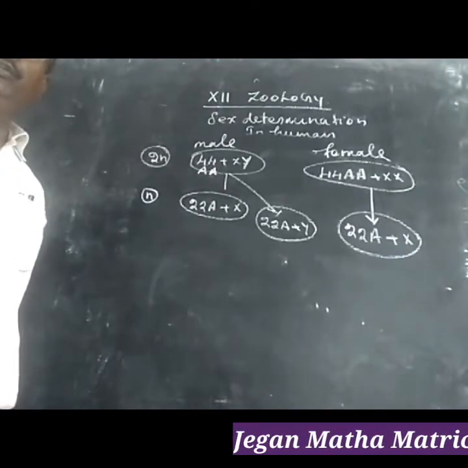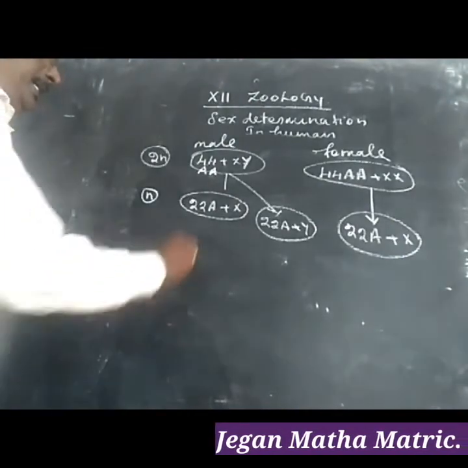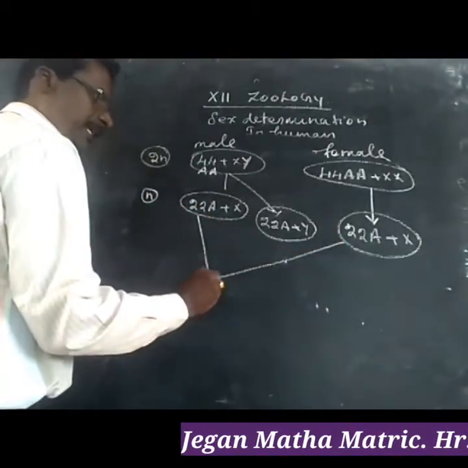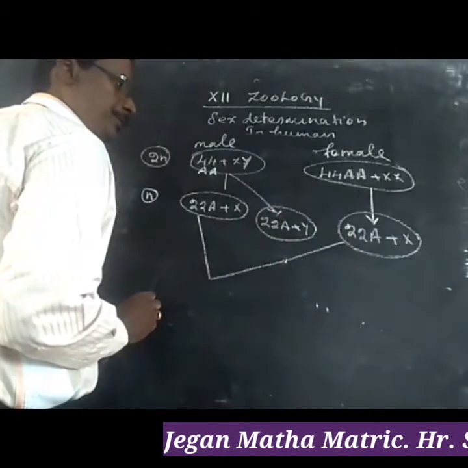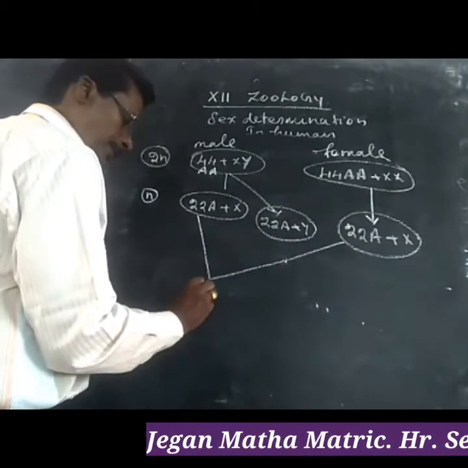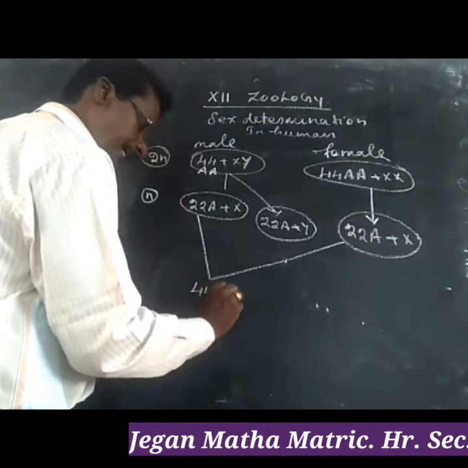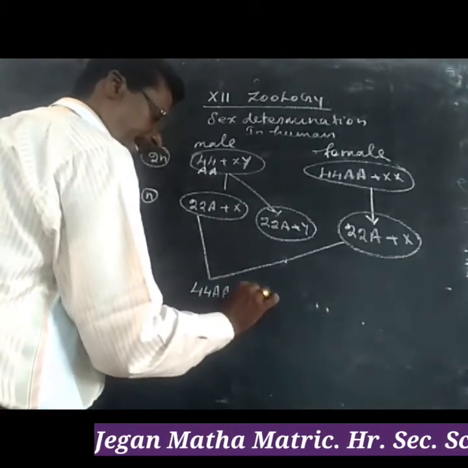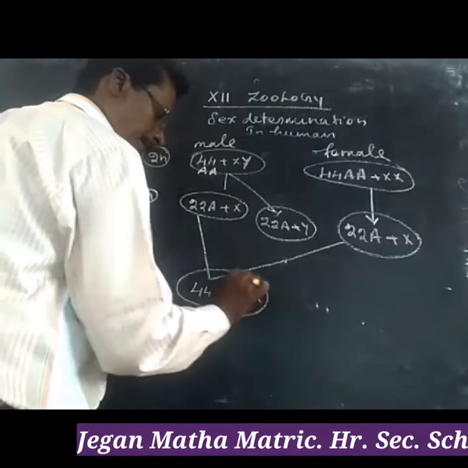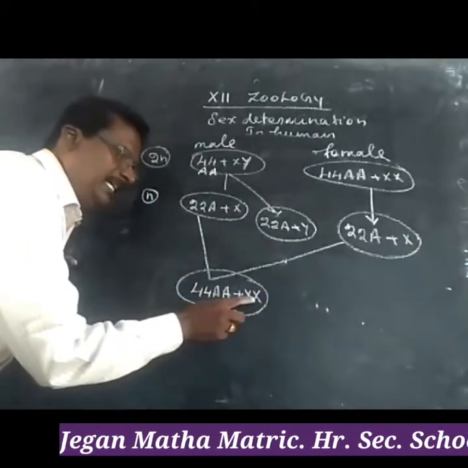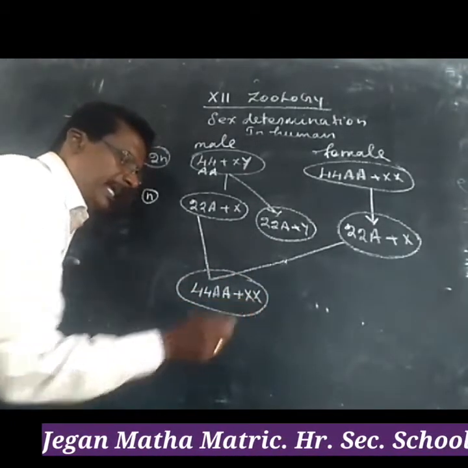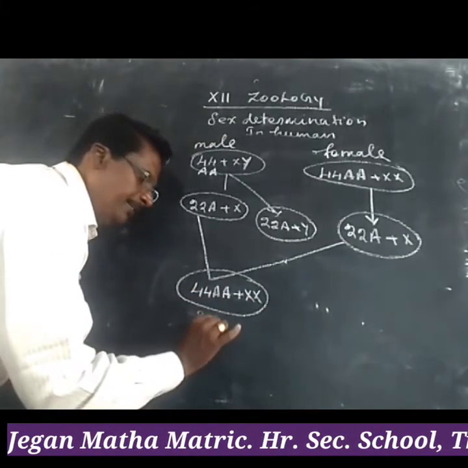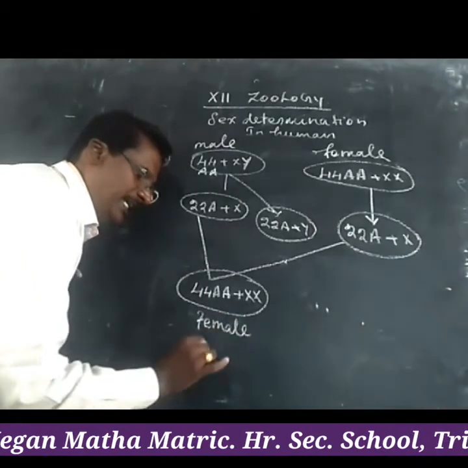When this sperm cell is fused with the egg, we get 44AA plus XX. Here similar chromosomes are present, so they produce a female child.